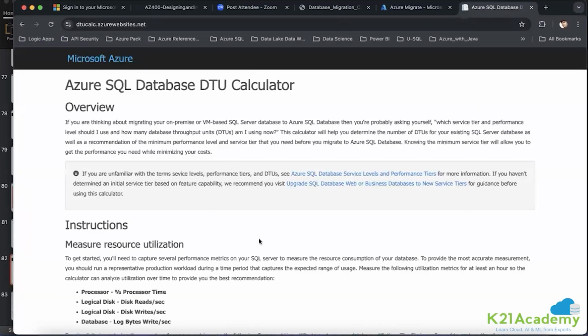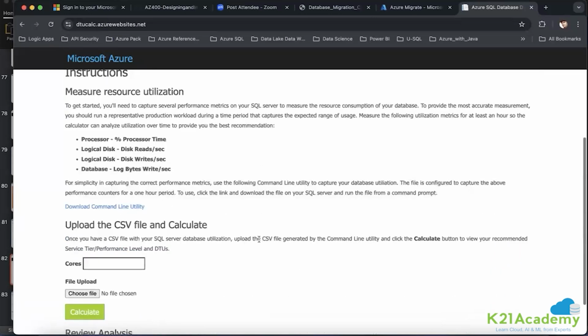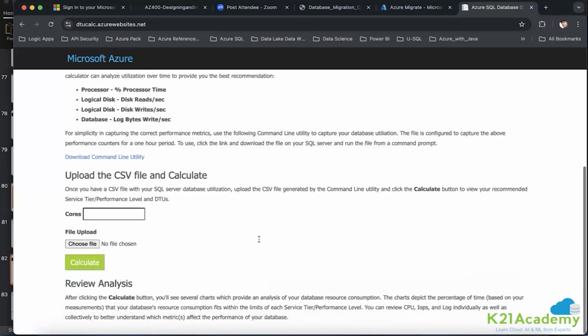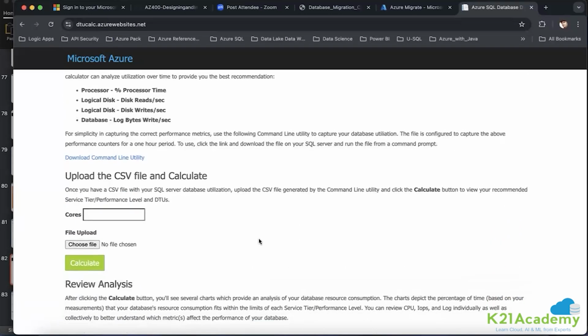There are some utilities and tools, some PowerShell scripts, that Microsoft has released. You can run them on your SQL Server, and they will give you a report. When you are planning to migrate from infrastructure as a service to platform as a service, it tells you which platform, which size, and which capacities you can target.